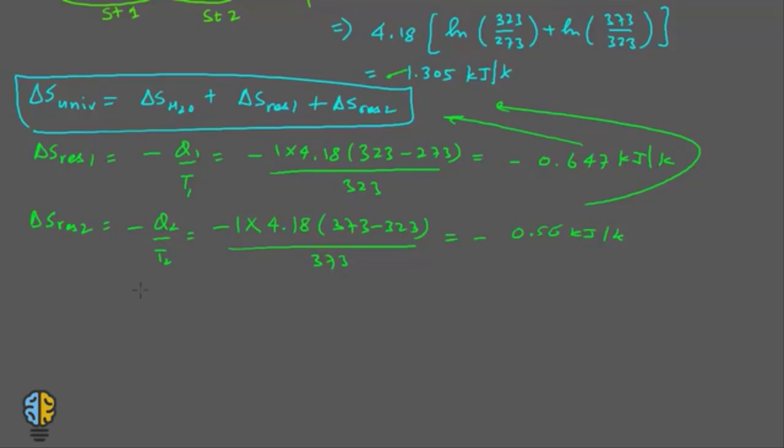So delta S universe in section B of this question would be 1.305 minus 0.647 minus 0.56. This will be somewhere about 0.098 kilojoules per Kelvin. So this is the amount of entropy change of the universe, which is the combination of system, reservoir 1 and reservoir 2.